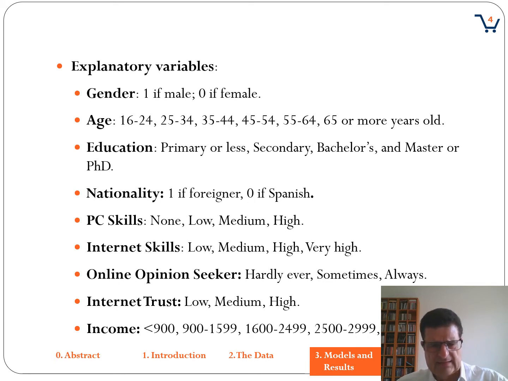Then internet trust is similar to the previous one, but referred to the internet in general, and it is also divided in low, medium, and high. And income also has several categories, just to be able to measure how much income is affecting the decision of cross-border e-commerce.